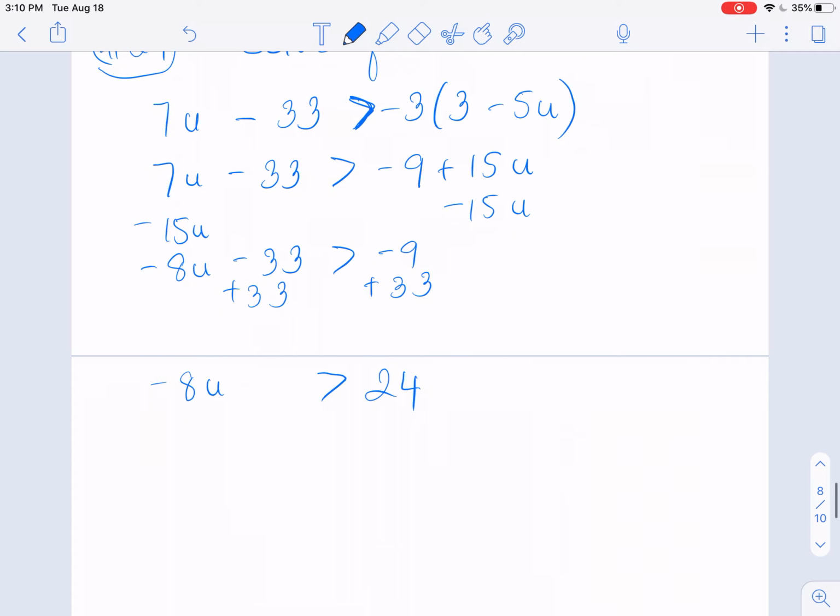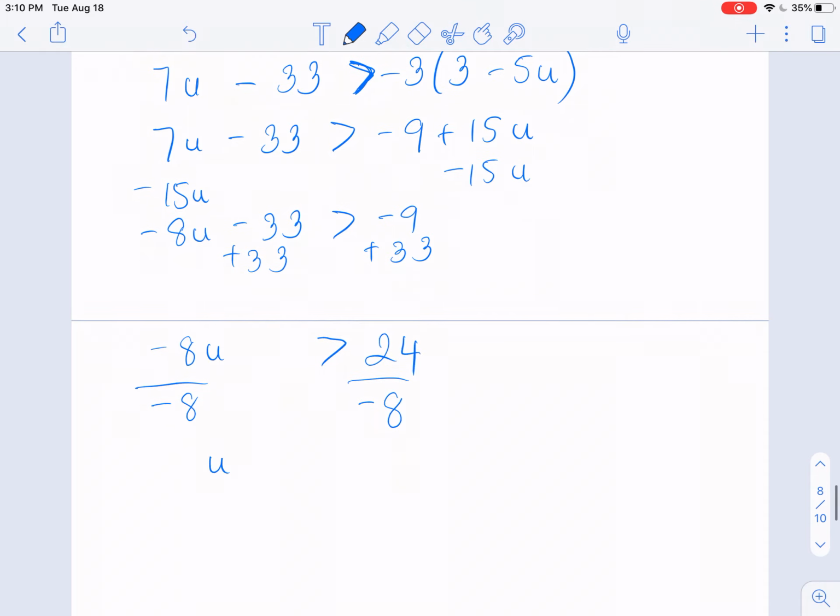Now, this is the difference between inequalities and equations. When you divide by a negative or multiply by a negative number, you have to change the sign. So we have u less than negative 3 instead of greater. Okay, so that's going to be the final answer.